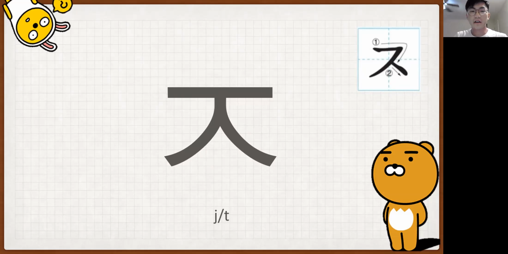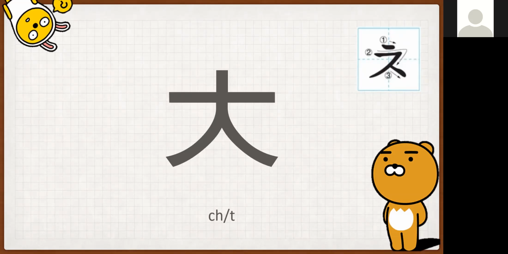This one is like a soft T. None of them are hard T's except for digeut. Yeah, so all of them are just soft T's except for digeut. Okay, so this is jieut, and this is chieut.